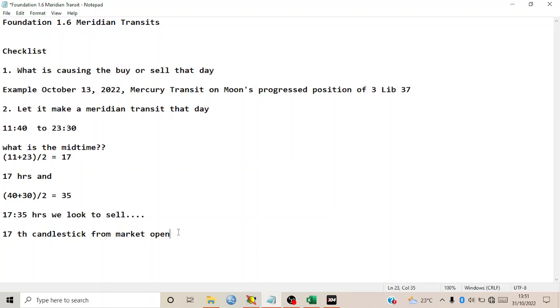For the rest of them, just always know that if it's a sell or a buy day on that particular day, make sure you're looking for a sell. And moreover, the 17th candle simply means that we're in New York time, New York session, which begins somewhere around 14 hours.